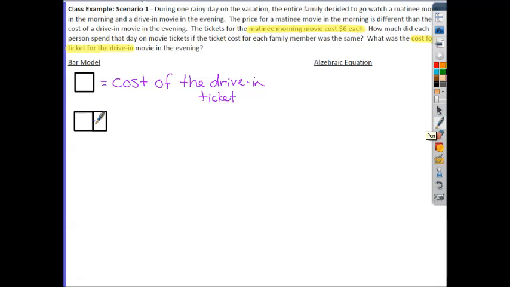So I made this a slightly different size so that we could differentiate between our unknown element and our known element, the cost of the morning matinee. So this here represents the cost for one person.